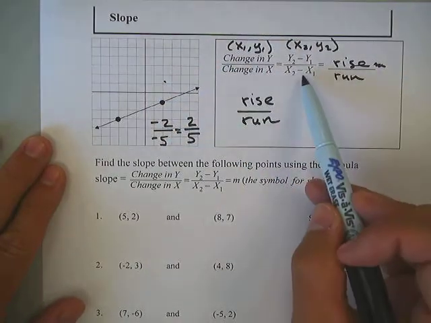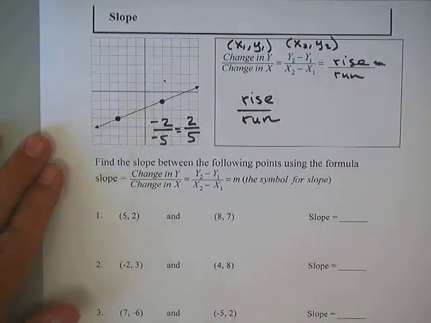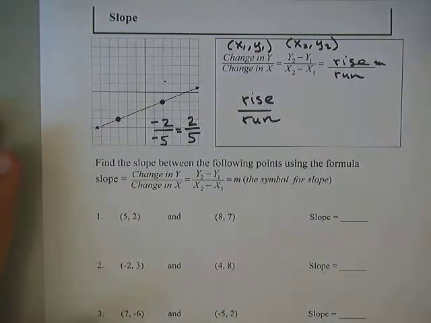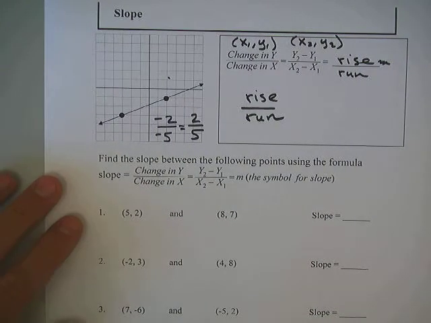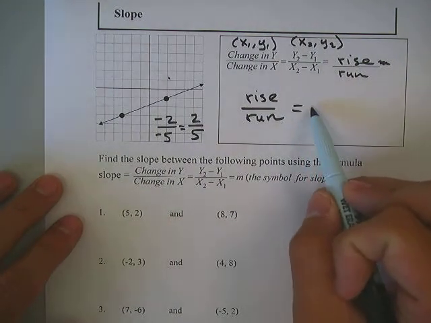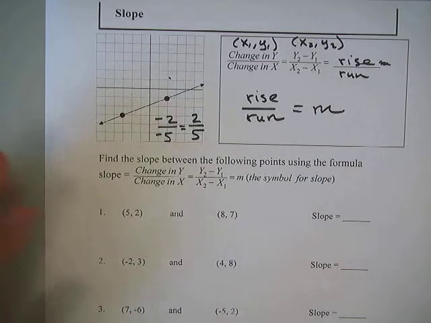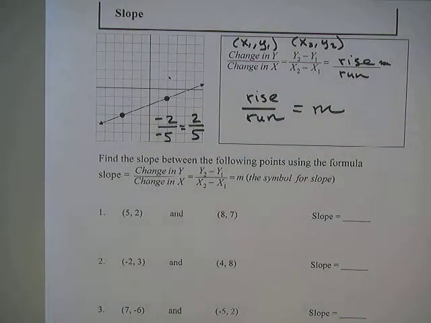The rise is the change in the y's along the y-axis. The run is the change in the x's along the x-axis. Another thing that I haven't mentioned yet is the symbol for slope. The symbol for slope is m. So sometimes you'll see m equals. That's just telling you what is the slope.